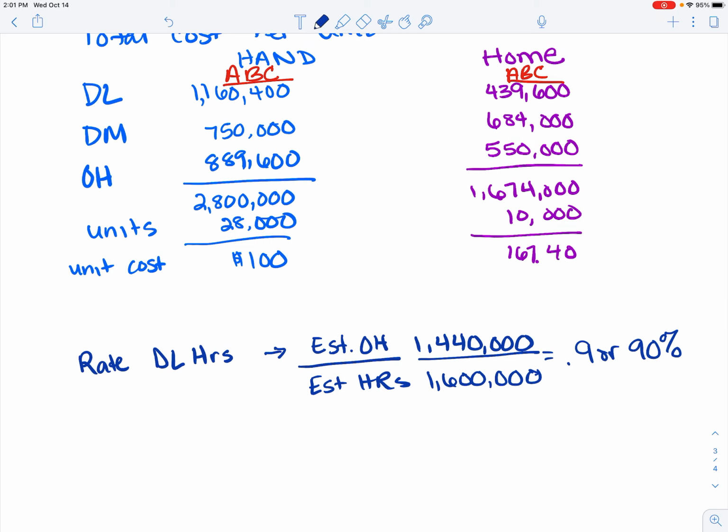And what we want to do is look at how does that change our overhead and how does it change our unit cost. So going back to that handheld product, I'm going to look at my direct labor. This is for the hand product. I'm going to take my direct labor, times it by my rate, so times that by 90%, and I will get my overhead assigned.